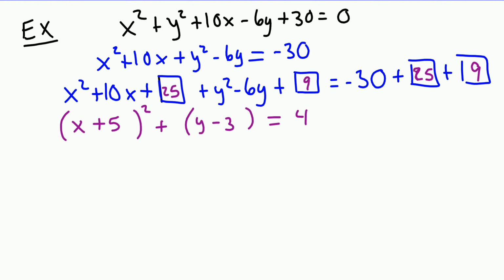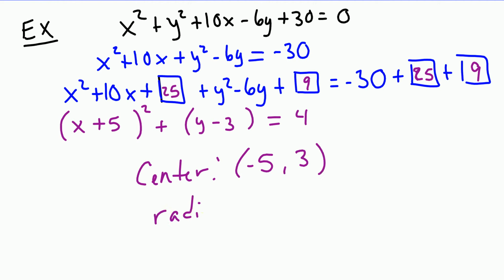So my center is negative 5 and positive 3. And my radius, square root of 4, is 2.